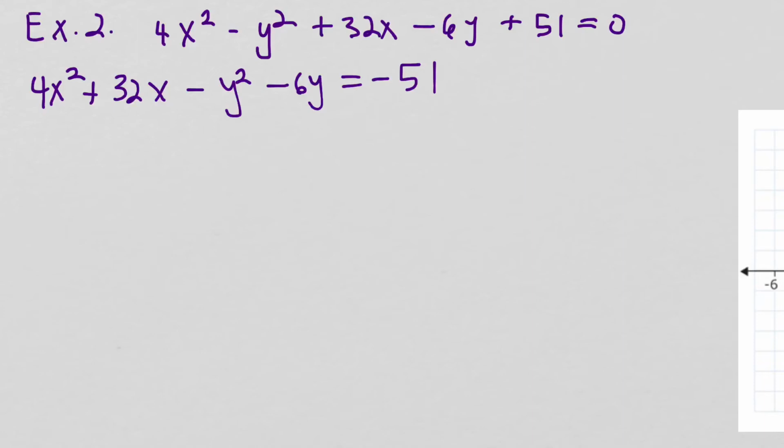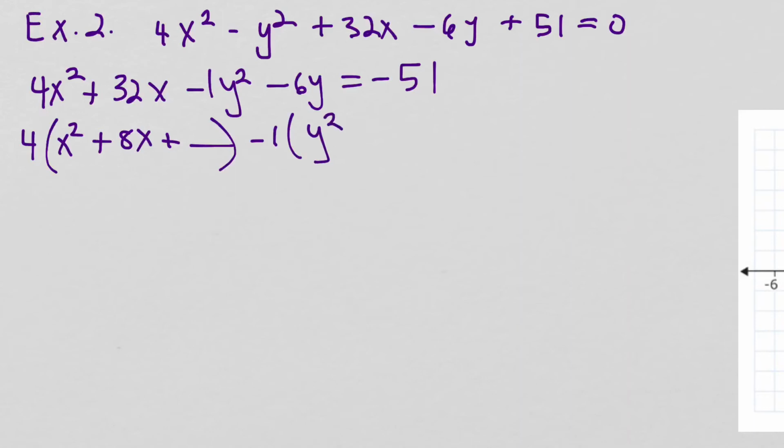Alright, so now I'm going to complete the square. So I'm going to take my coefficient outside the parentheses. I'm going to figure out that if I put an 8 here, 4 times 8x is definitely 32x. And then my blank for completing the square. Now on this term, my coefficient is a negative 1. So I take a negative 1 outside the parentheses.